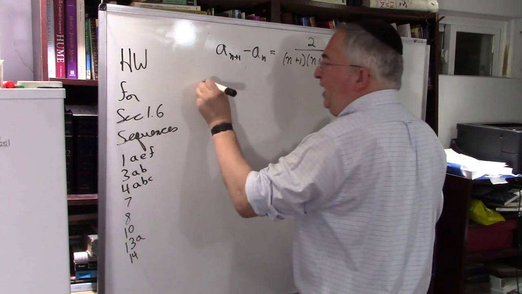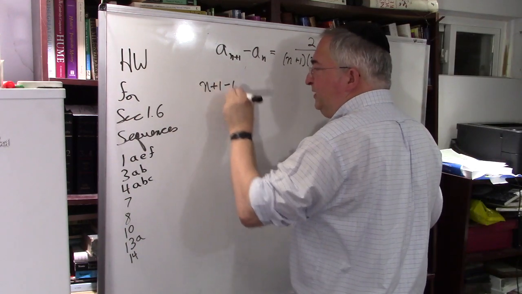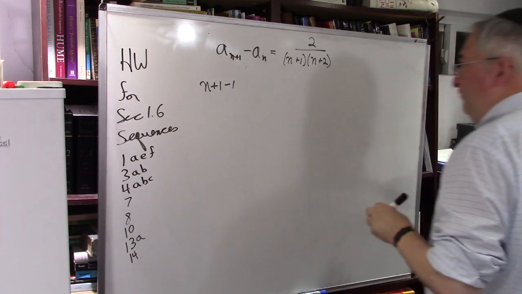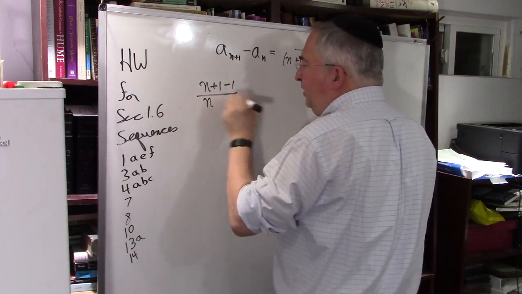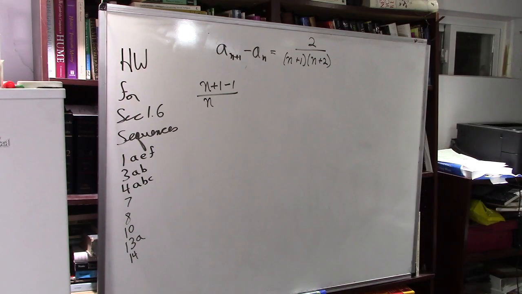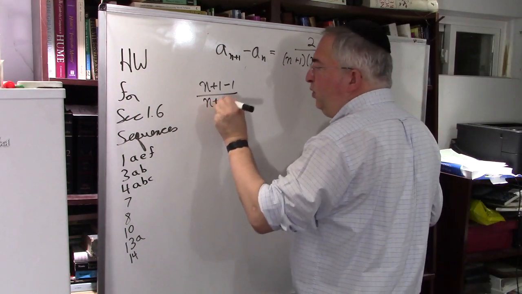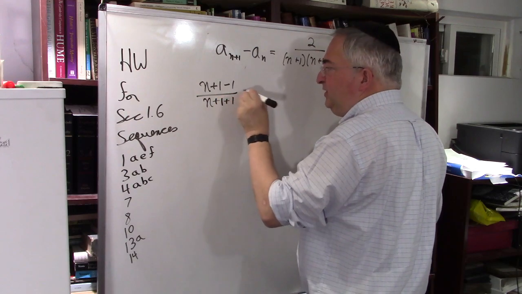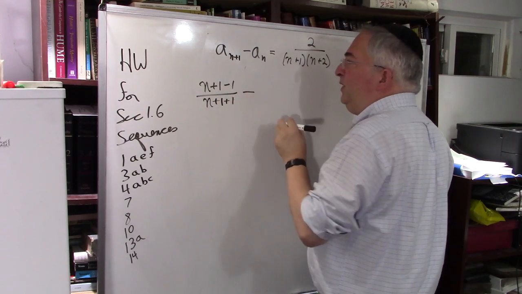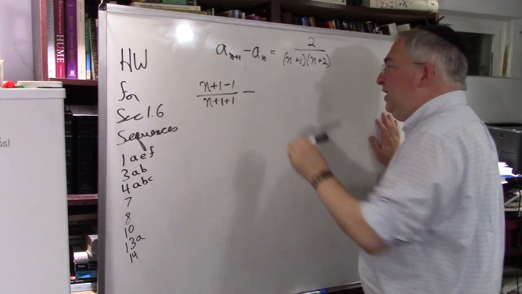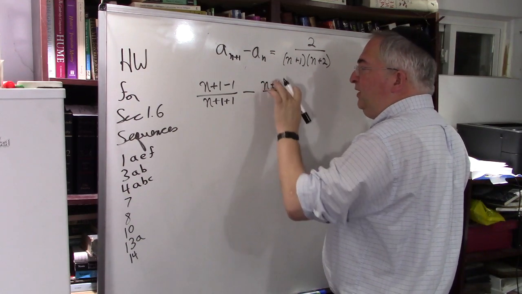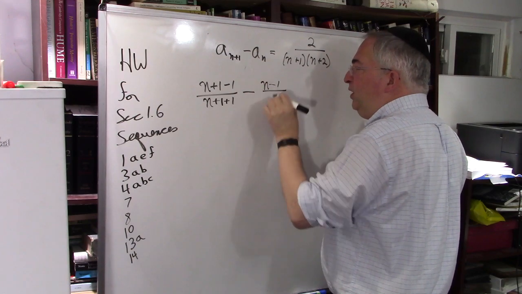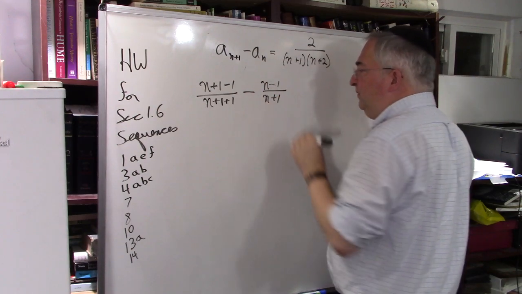A of n plus 1 is, this is n plus 1 minus 1, that's n, divided by, we'll fix it in a second, n plus 1 plus 1. We'll fix that in a second. Minus, I'm sorry, that's a minus, n minus 1 divided by n plus 1.